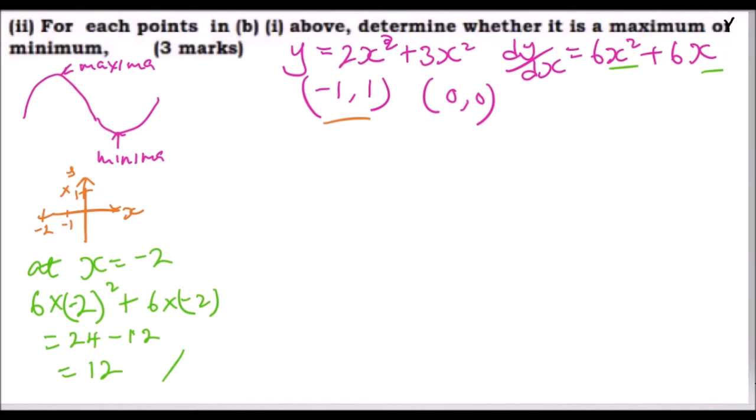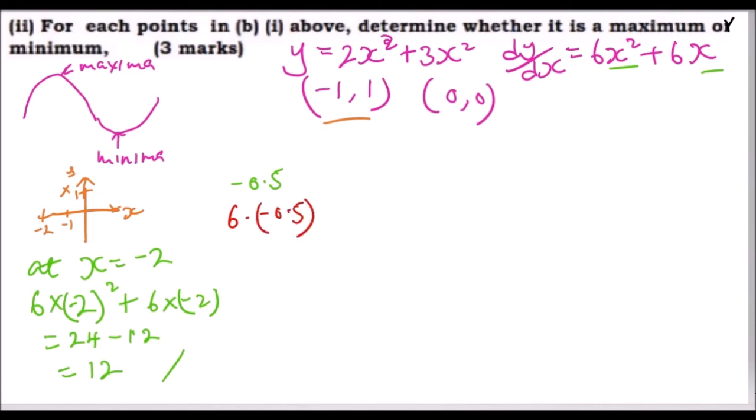Then we take 1 point, and because the other turning point is at 0, 0, we can take maybe minus 0.5. So we substitute in our gradient, and when you do that, you say this is 6 multiplied by, we can use a dot to make it a bit simpler, 0.5.